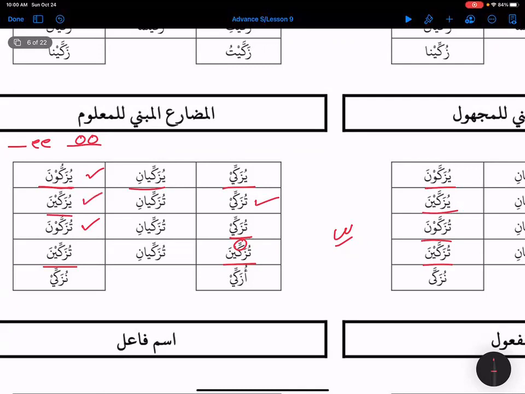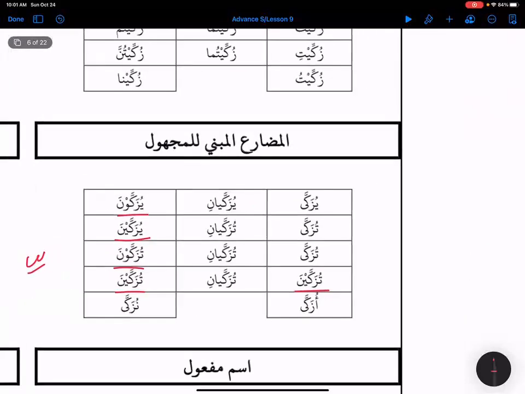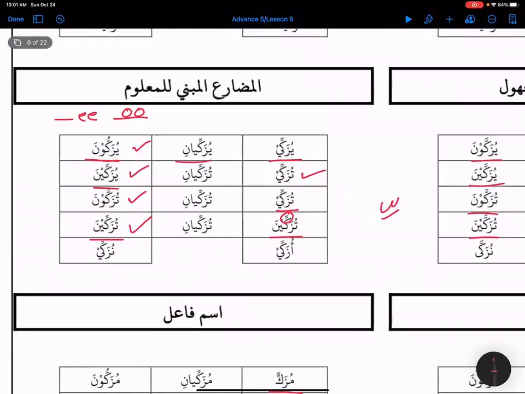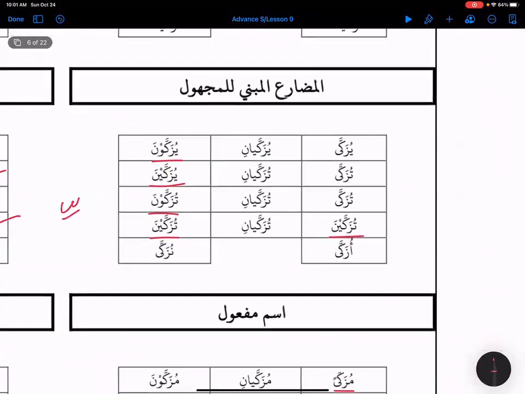So yuzakkina and tuzakkina, this is normal. For hunna and antunna, we replace them with ta, and yuzakkuna and tuzakkuna are the same thing. Antum and antunna are kind of overlapping each other.